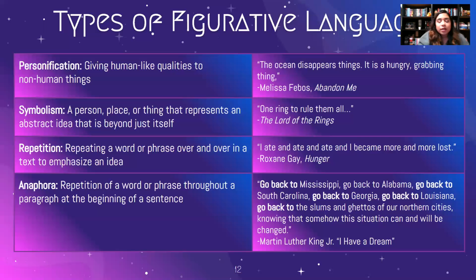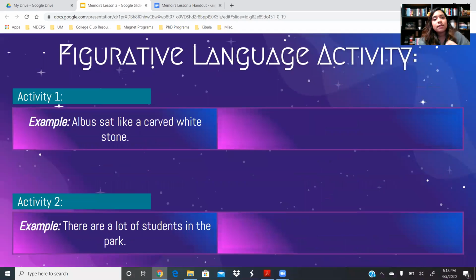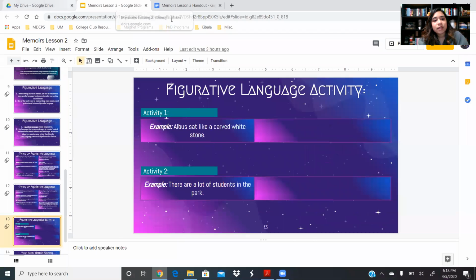So when you guys write your memoirs, you're going to be required to use at least two of these figurative language techniques in your memoir. So practice using them, and that's what this activity is all going to be about. So we have activity one, and I'm going to go back to this in a second. I want to show you guys what the activity is.